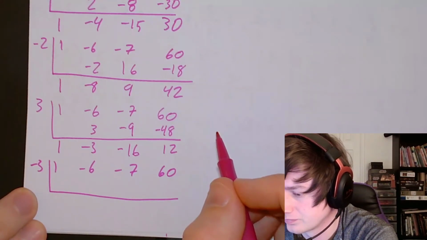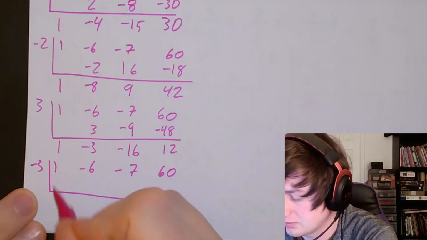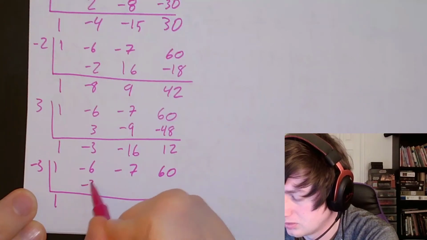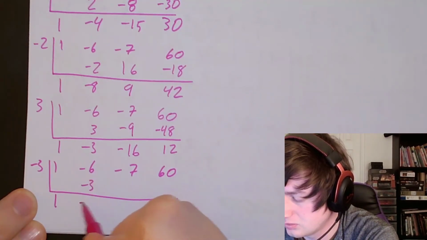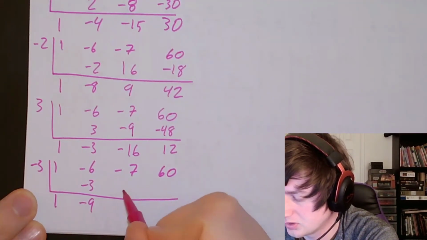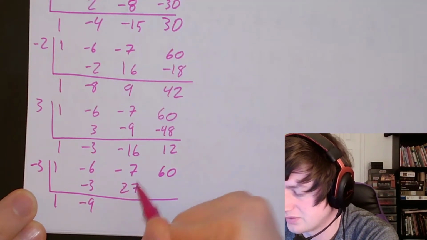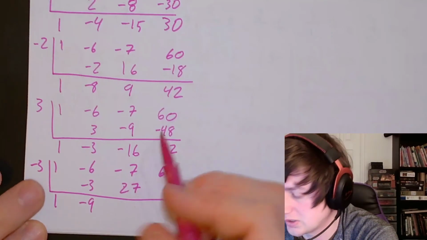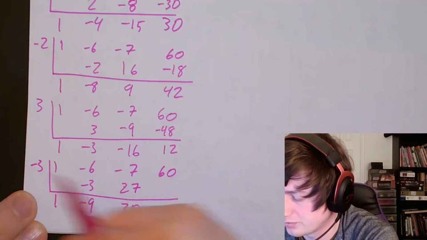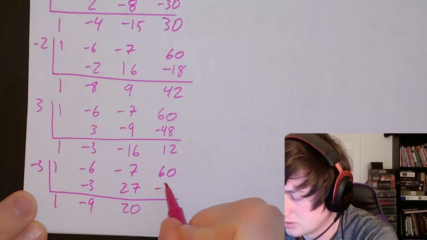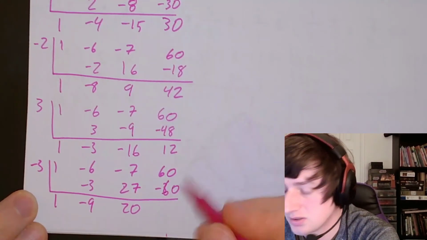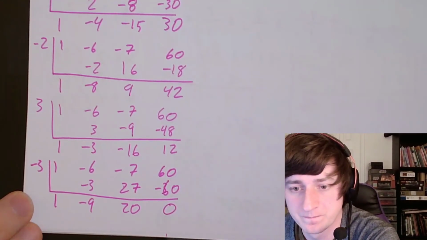So we add down, multiply, add down, multiply. That's going to give us positive 27. Subtract, we get a 20 here, and then multiply by negative 3. Negative 60 gives us a 0.